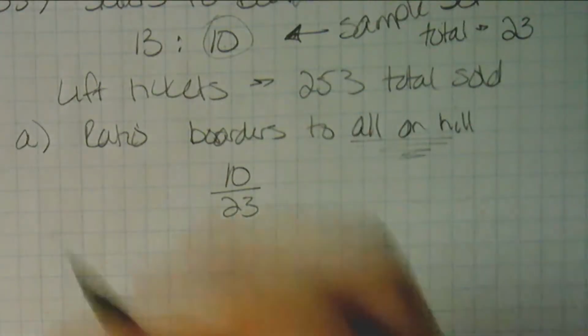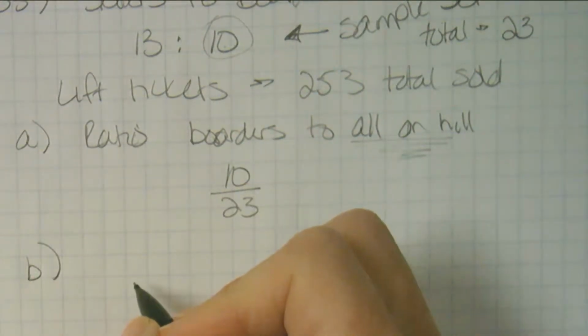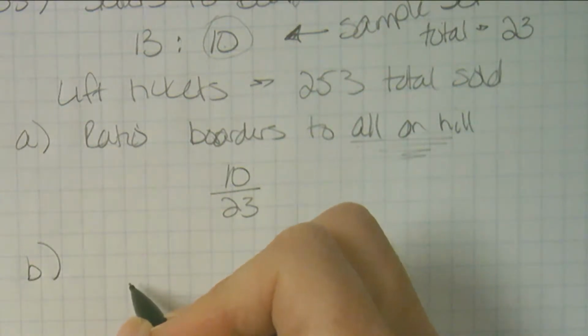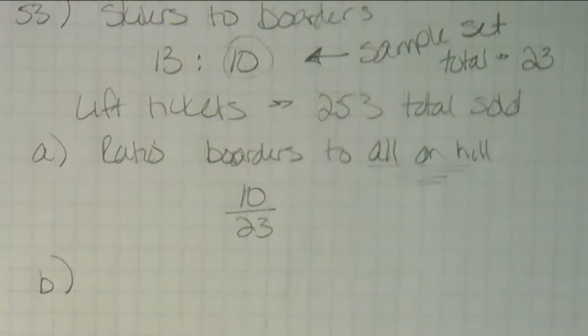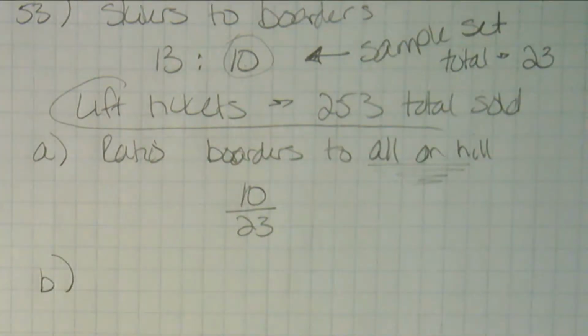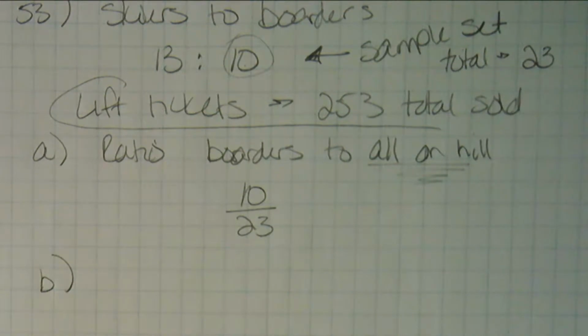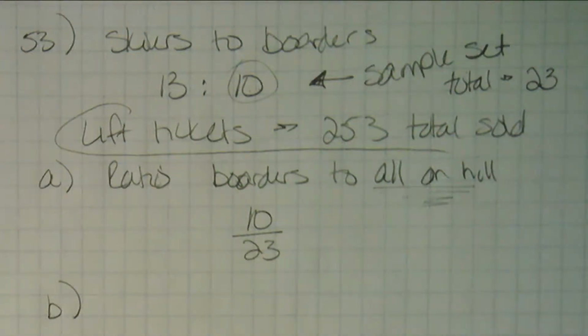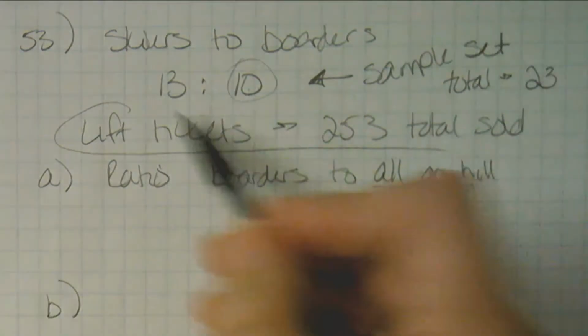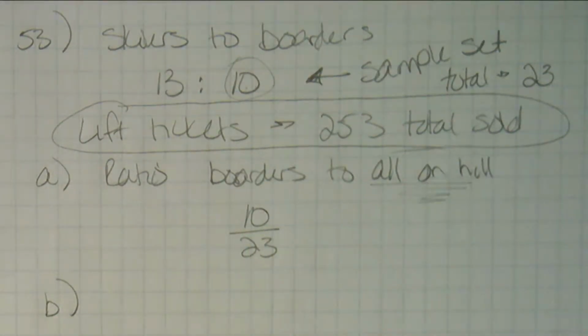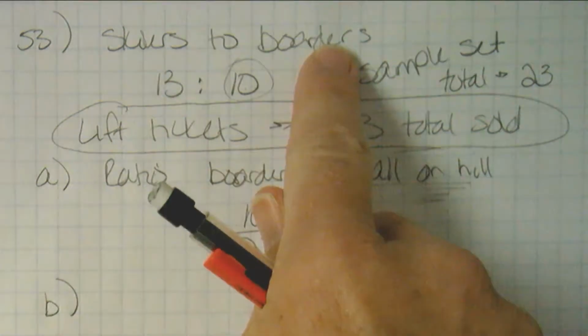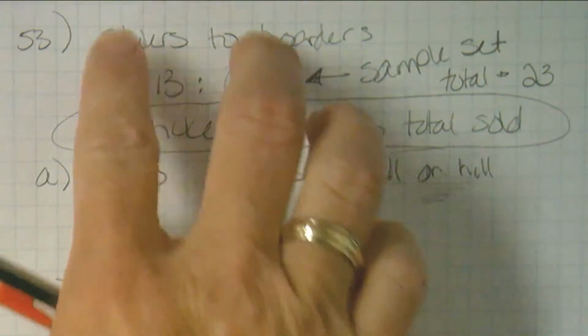Okay. So now when I take a look at B, B says use the ratio from part A to find the number of lift tickets sold to snowboarders. Here's the deal. On the high school placement test, on one of my tests, I would not have given you part A. I would have simply gone right to part B. Because you need to be able to recognize, oh, I'm dealing with total number of tickets, I'm dealing with total boarders, and then I have a ratio of skiers to boarders.